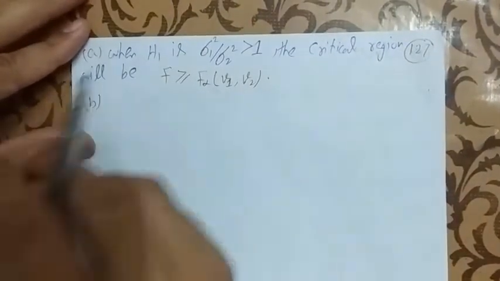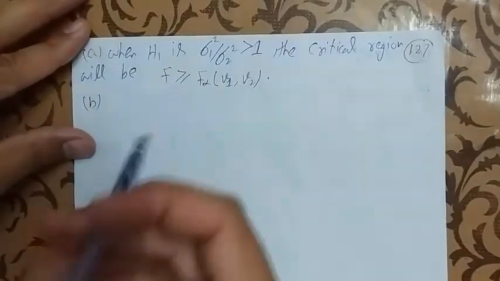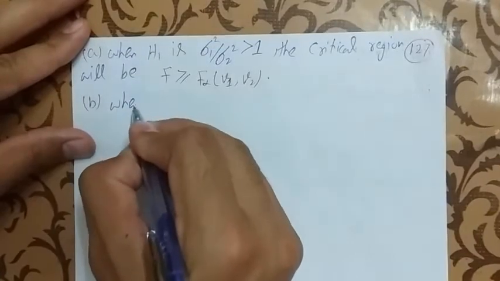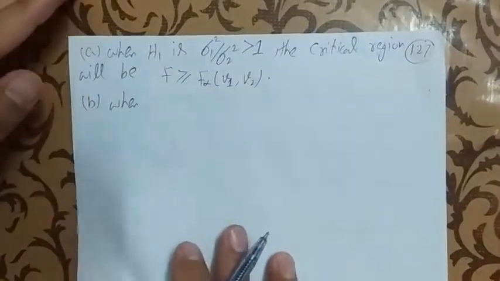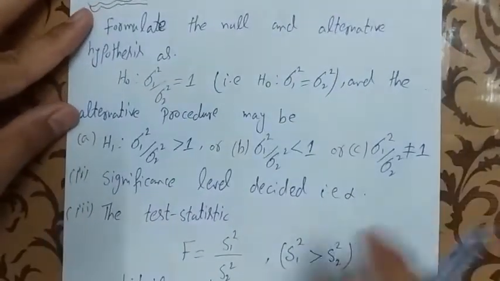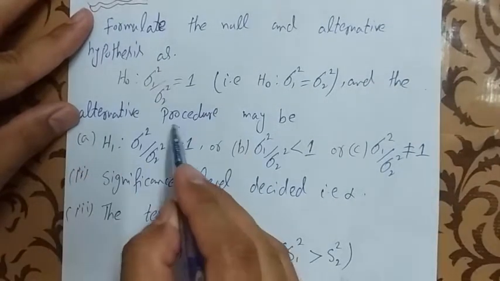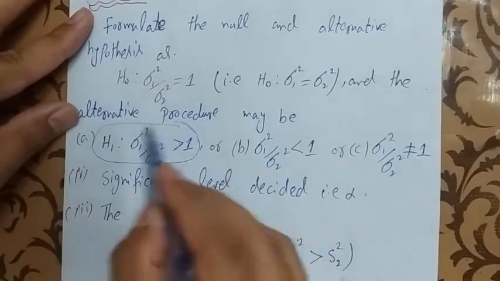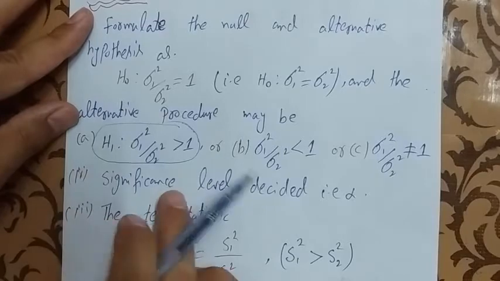B part: similarly follow these steps. For A, its critical region is this.